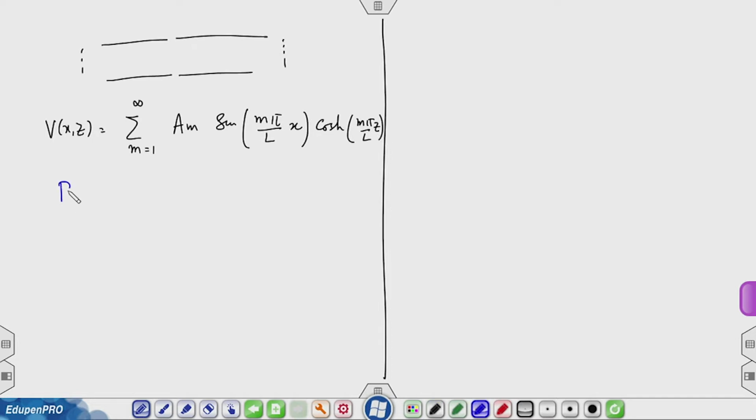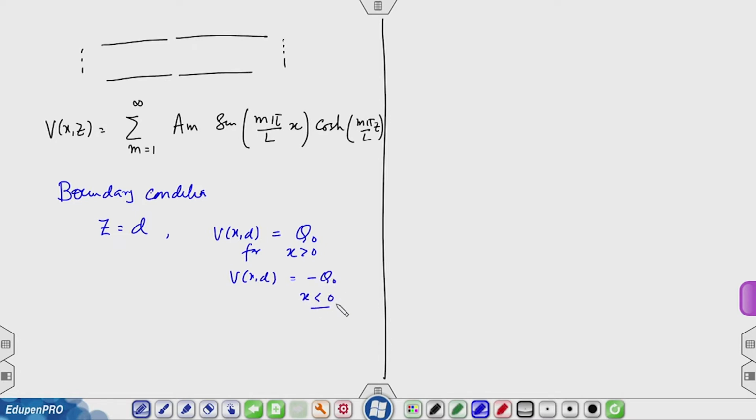What is the boundary condition? It is that at z equals d or minus d, it is even, so it does not matter, the V x d is equal to phi naught for x greater than 0, and V x d is equal to minus phi naught for x less than 0.